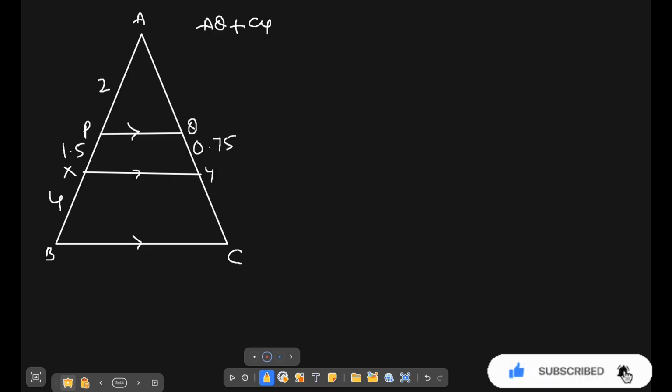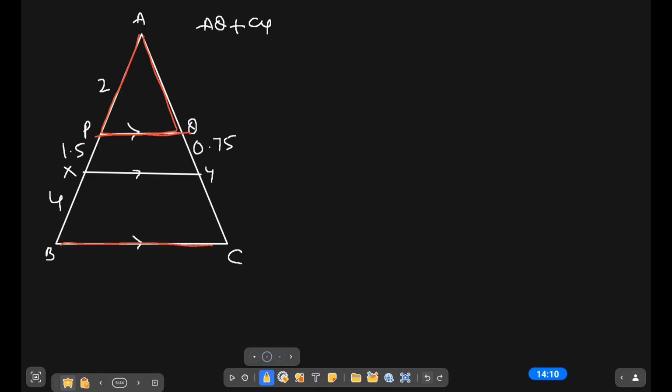So here, when this PQ is parallel to BC, the triangle APQ will be similar to triangle ABC. The small triangle APQ will be similar to the big triangle ABC. So we know that when two triangles are similar, their corresponding sides are proportional.